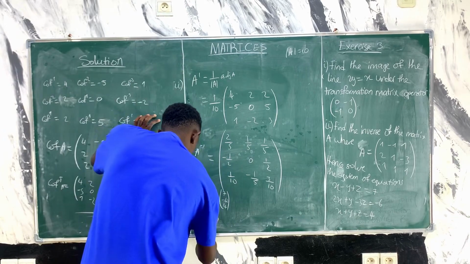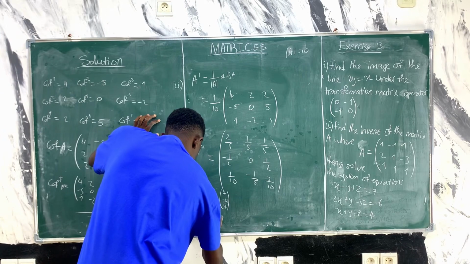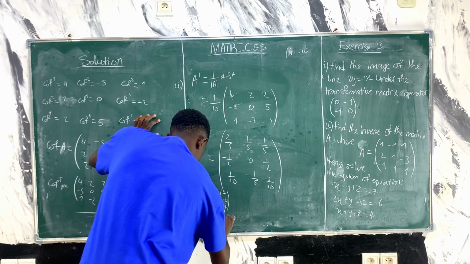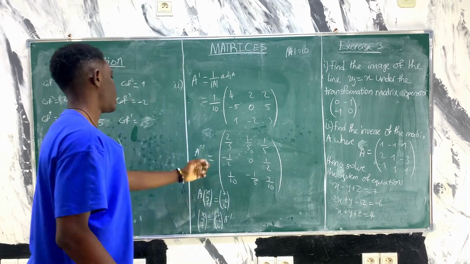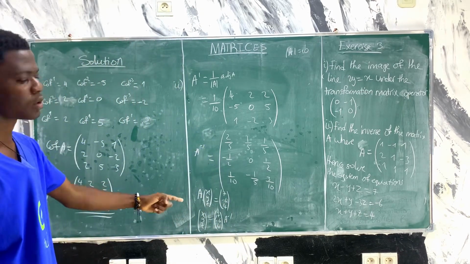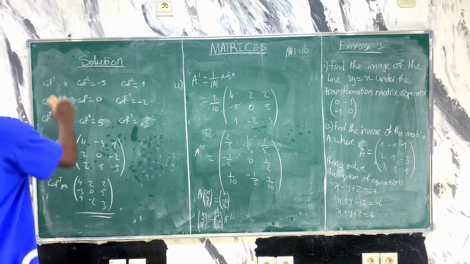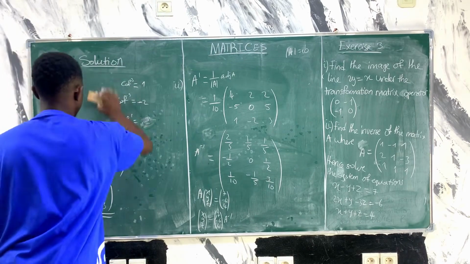So x, y, z will be equal to A inverse times 7, minus 6, 4. So I have my A inverse. I'll just multiply that by 7, minus 6, 4 and find my x, y, and z. So let's do that right now.